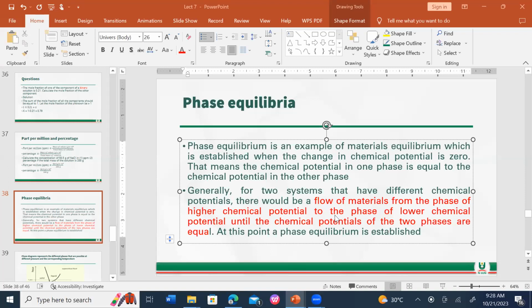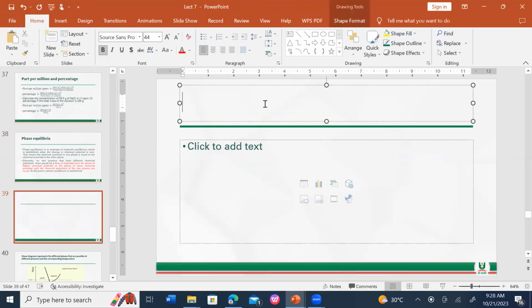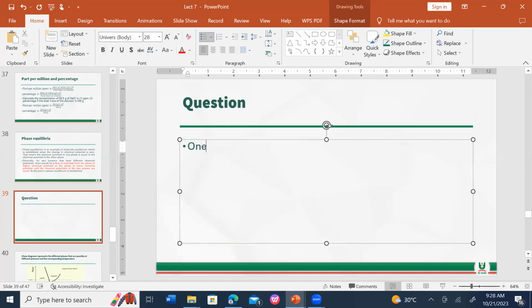Let me ask you a very simple question from here. One component of a phase has a chemical potential equal to 2.0 joule per mole.